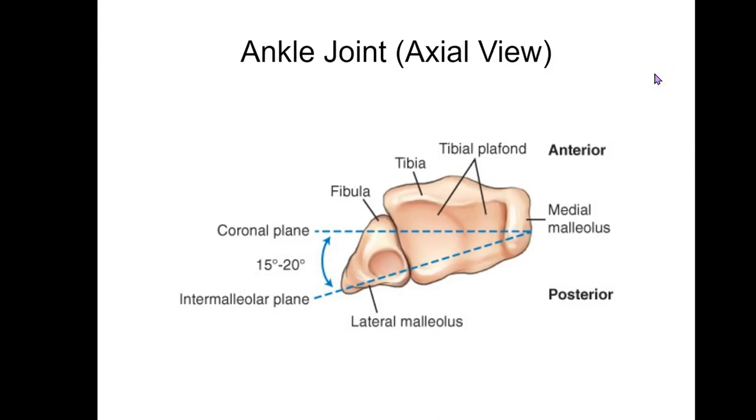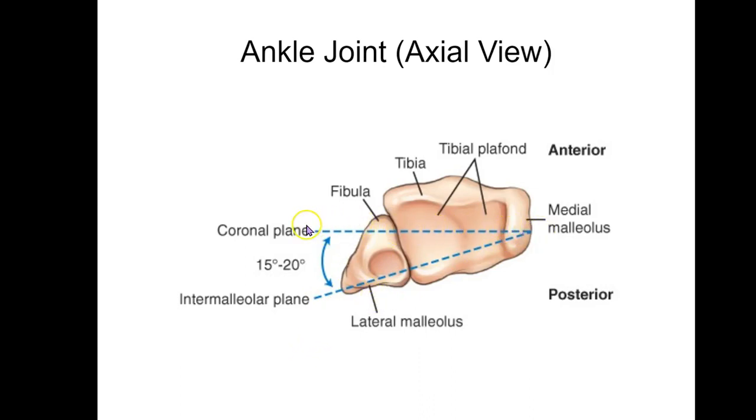Next, if we look at the ankle joint, again from the bottom up, you can see that this tibial plafond has a broad and slightly concave surface. And again, notice the lateral and medial malleoli. You can see here that the fibula, which comprises the lateral malleolus, sits more posterior than the medial malleolus. Now notice, if you were to draw a line between the two malleoli, this dotted line here, it is approximately 15 to 20 degrees from the coronal plane.